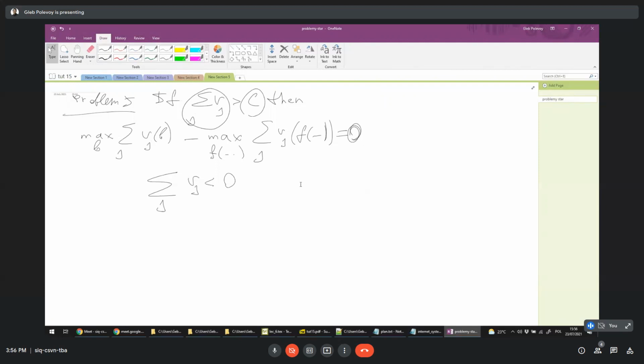Could you say it again? I understand the first part, the first equation, but not the second part. If the sum of V_j is less than 0, then the same happens. So the maximum of the values, when you just want to optimize the well-being of the citizens, is 0, because the citizens on average don't want it, so the choice will be don't build.